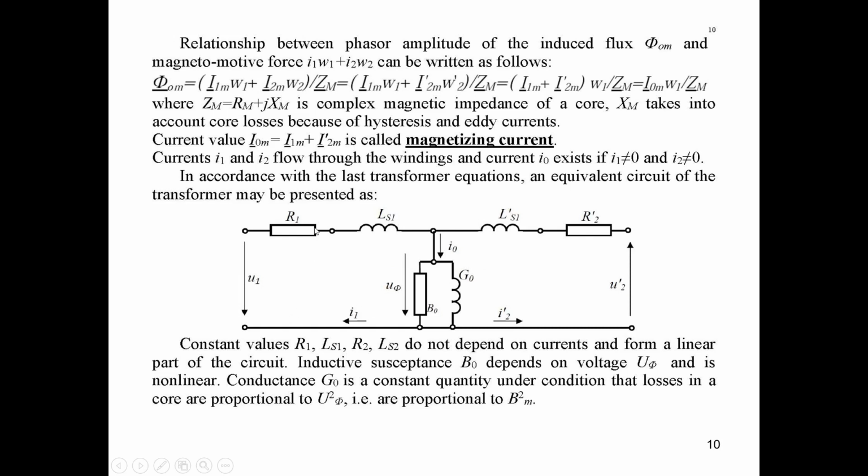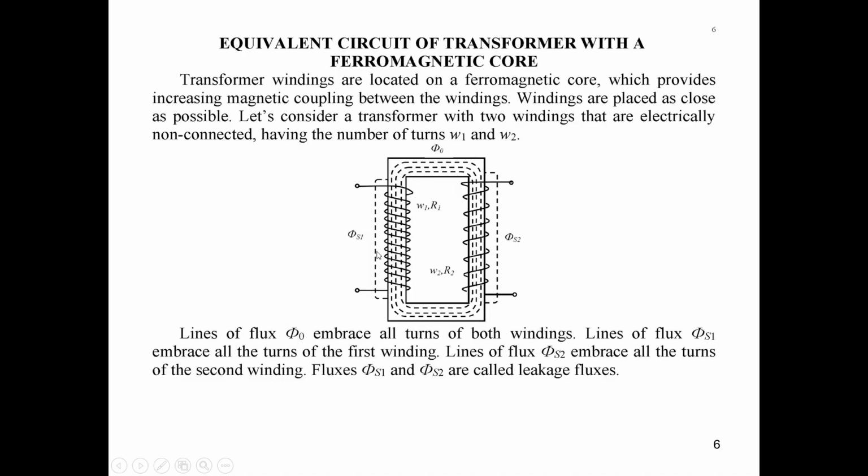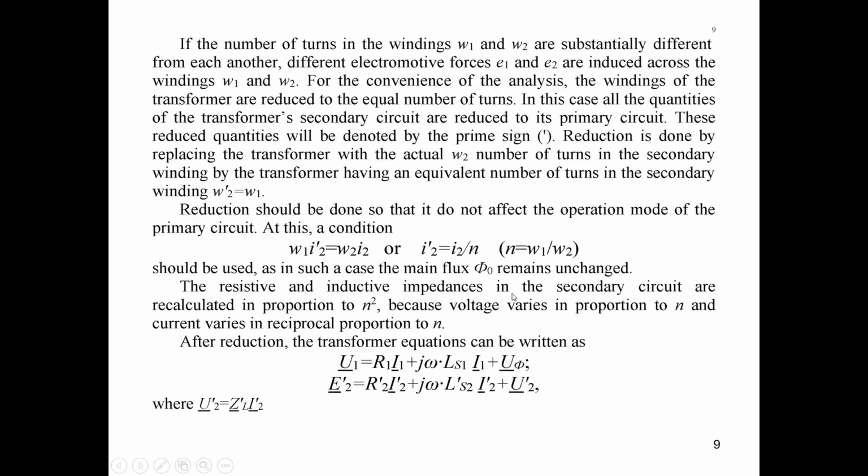Here we have R1, Ls1 as the primary circuit, Ls2 prime, R2 prime as the secondary circuit, and here we have an additional circuit which corresponds to the presence of this ferromagnetic core with losses.